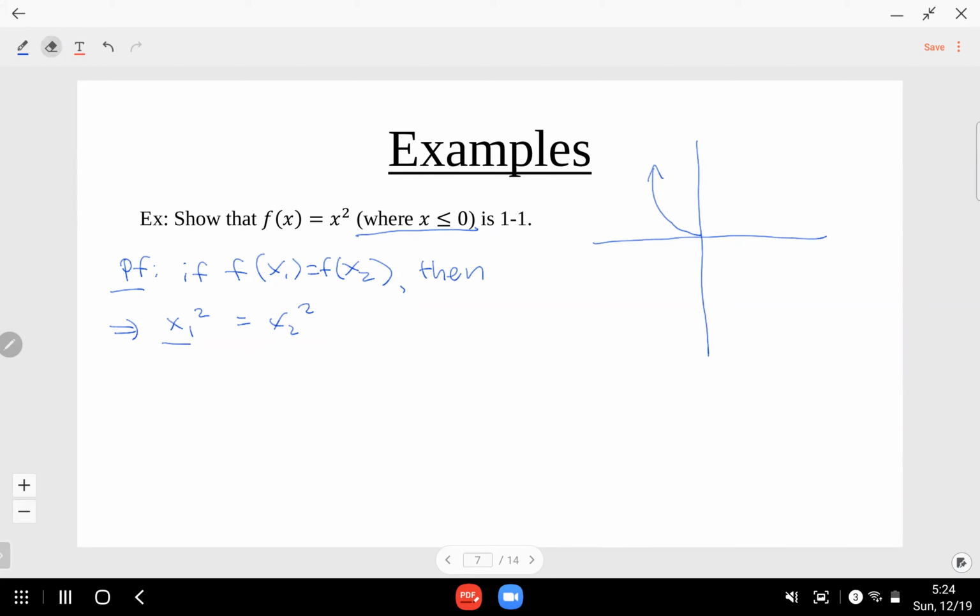All right, so how do you get rid of a square? Basically, we just square root it. But then there's a catch, right? We square root x squared, what would this equal? It would equal the absolute value of x1 is equal to the absolute value of x2.